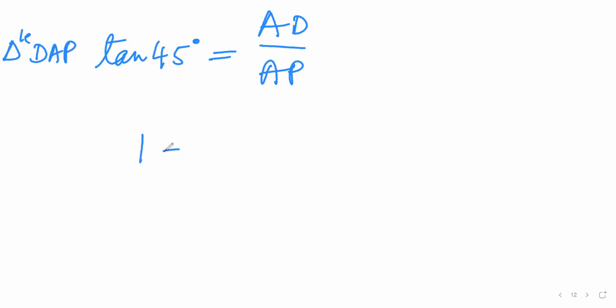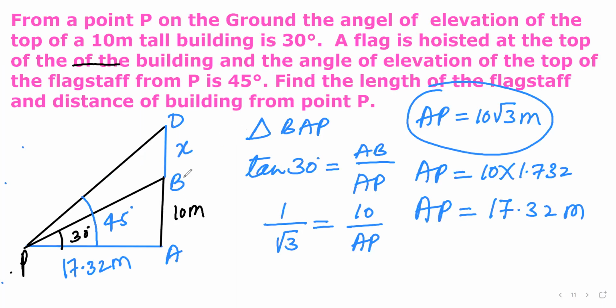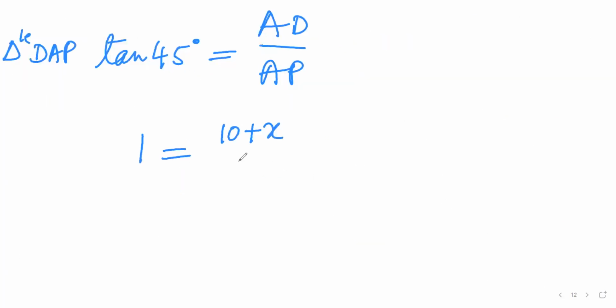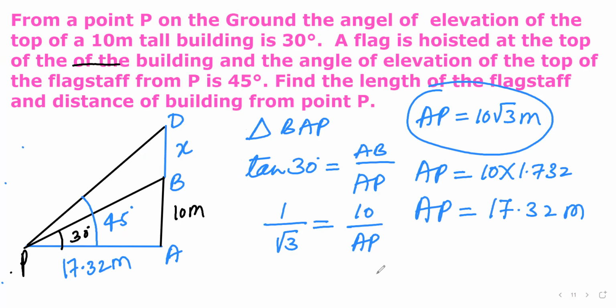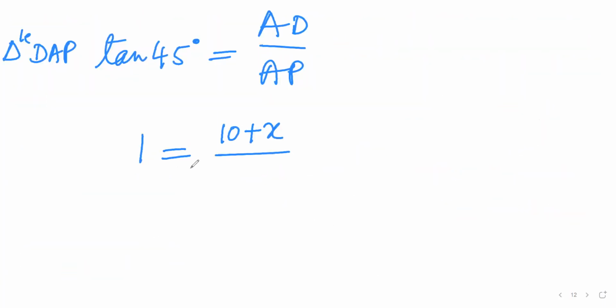So tan 45 equals 1. AD equals what? 10 plus X. So from here to here is AB is 10 and BD is X. So that is 10 plus X divided by, what is AP here? 17.32.